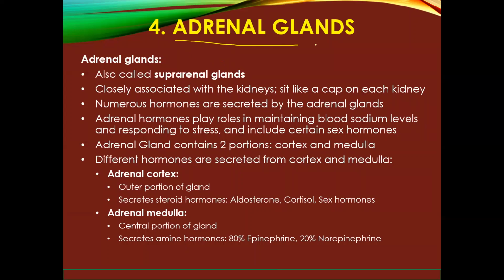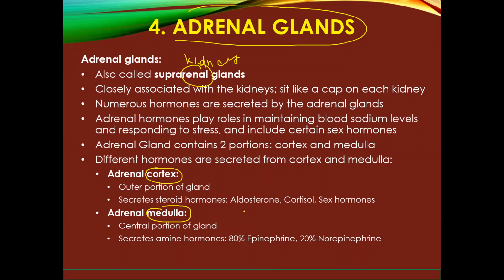The next one is the adrenal glands. It's also known as the suprarenal gland. Renal means kidney, because they are located above the kidney. And this gland is actually divided into two portions: the cortex, which is the outer part, and the medulla, the inner part.